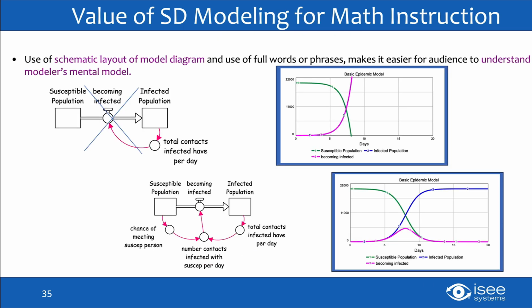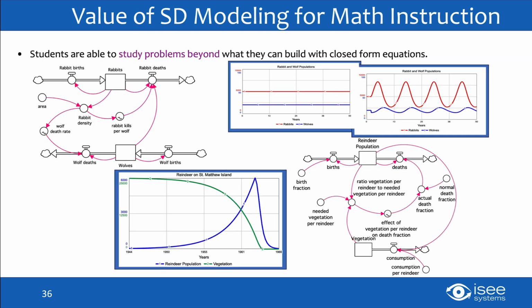Since so much of a student's mental model about the structure of a problem being diagrammed and modeled is visual, the structure of the diagram can highlight student misconceptions, so teachers can help students move toward more correct structures. Analysis of model behavior helps students realize they have made mistakes in their diagrams.